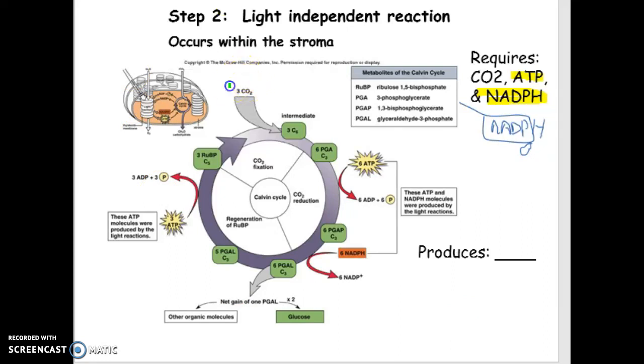Okay, so CO2 goes in, and it starts spinning and turning and changing. In order to spin, ATP is being used. ATP turns this wheel. Here comes the wheelbarrow, NADPH, and NADPH will dump hydrogens and electrons into this, we call it the wheel, or Calvin cycle, or you'll see it called Calvin-Benson cycle.